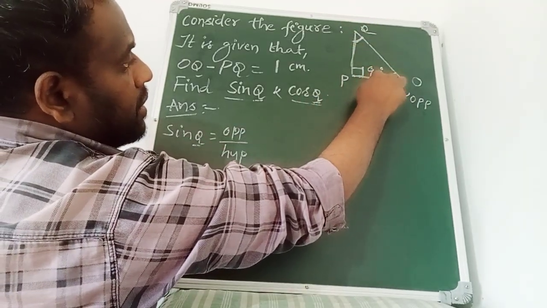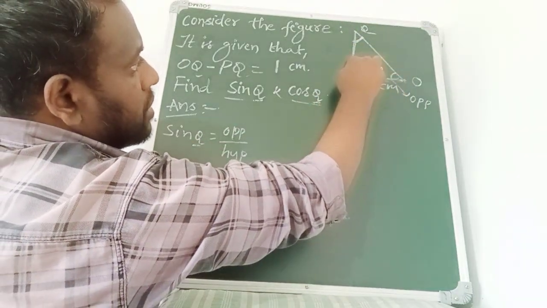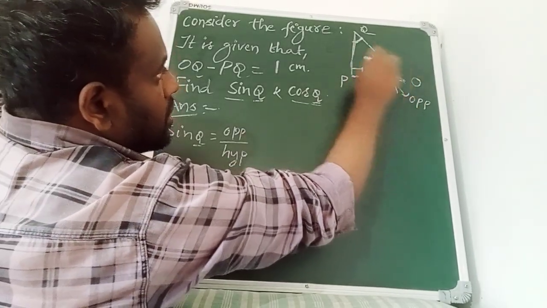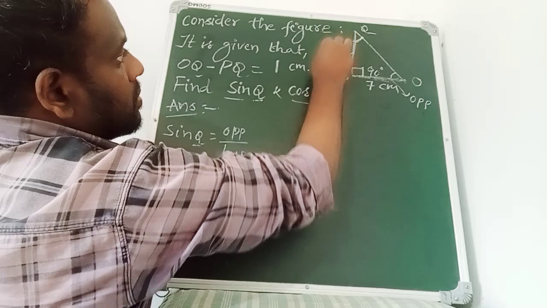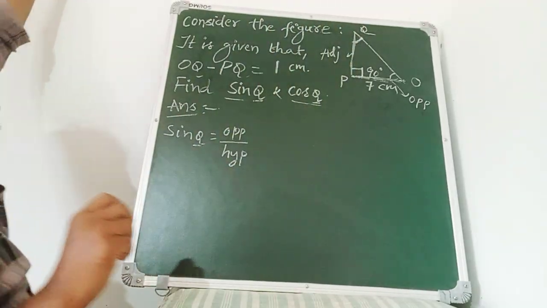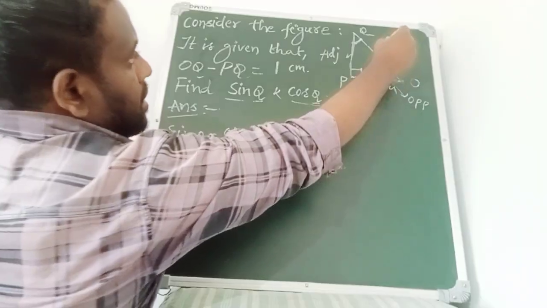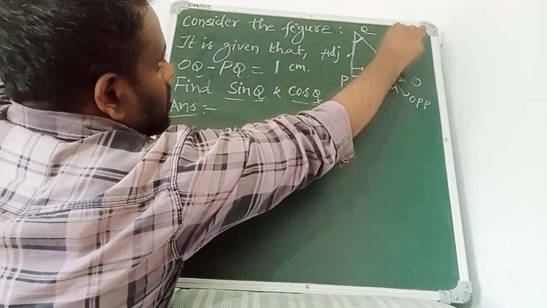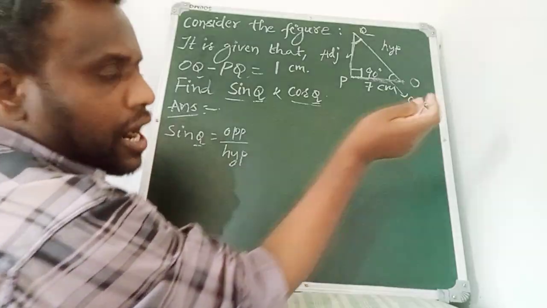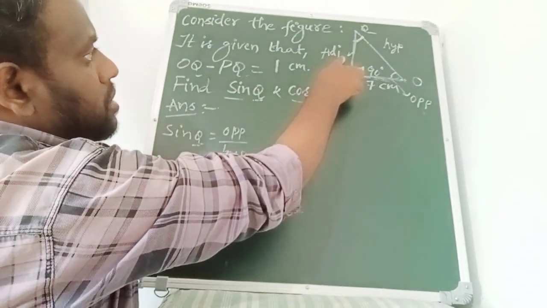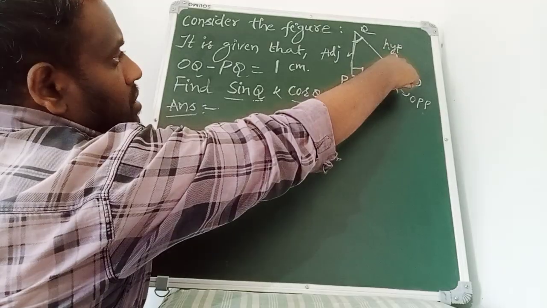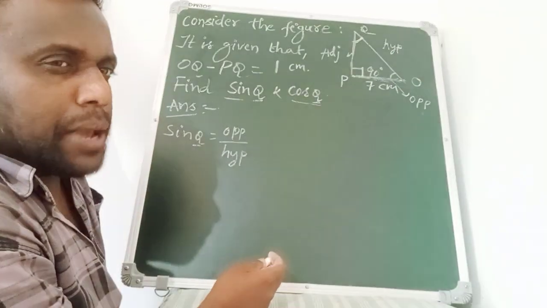Okay, the 90 degree angle is between this and this. So if this is the opposite side, this is the adjacent side, ADJ. Okay, so the remaining side is the hypotenuse. OPP is the short form of opposite side, ADJ is the short form of adjacent side, and HYP is the short form of hypotenuse.